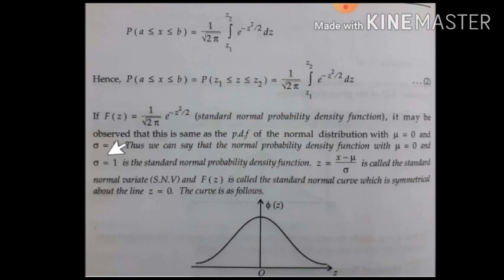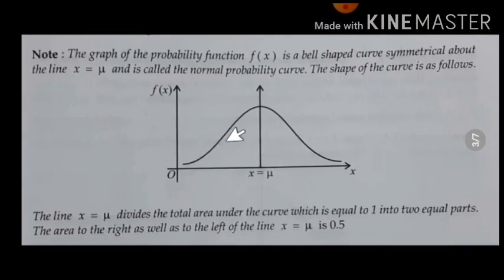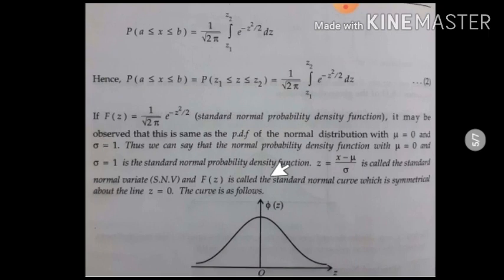So the earlier normal distribution curve that we showed is symmetrical about the line x is equal to mu. Now what normal distribution curve are we getting? It is symmetrical about the line mu equal to 0, and sigma is equal to 1. Thus we can say that the normal probability density function with mu equal to 0 and sigma equal to 1 is the standard normal probability density function.